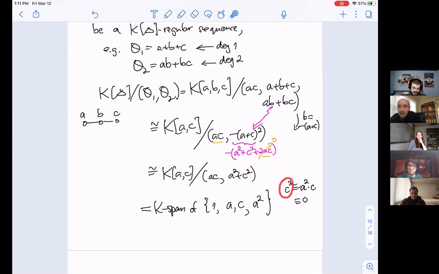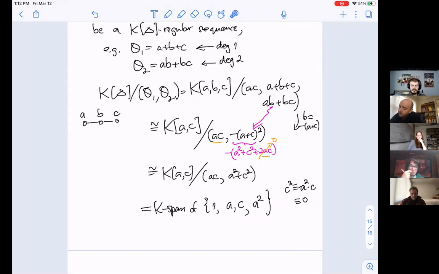I'll let you check, A cubed is also 0 in the quotient ring. A squared C is 0 because AC is 0. And AC squared is also 0 because AC is 0. I'm trying to convince you there is no cubic part, nor quartic, quintic, etc. This thing stops after degree 2.